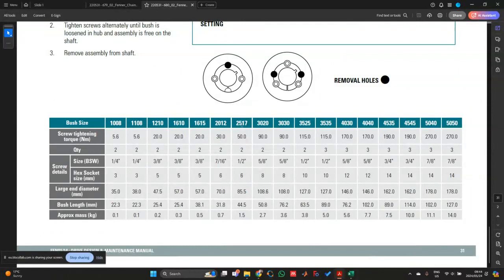If I, for example, use the 2517 bush size, then I'm working with this 50 Newton meter torque over here. Okay, so just take note of this table as well. We might ask you in the exam or in an assessment, if you've now done your drive specification, what is the screw tightening torque that you might need? Or we can also ask you what is an appropriate hex socket size that you have to use for placement.